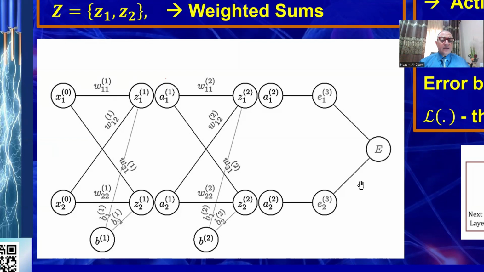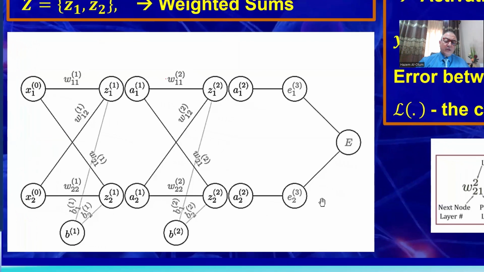Here we have the value z, which means the obtained weighted sum, and the a operation is the activation function. We have a1, a2, and the biases b1 and b2.